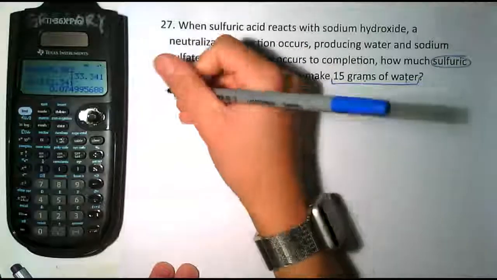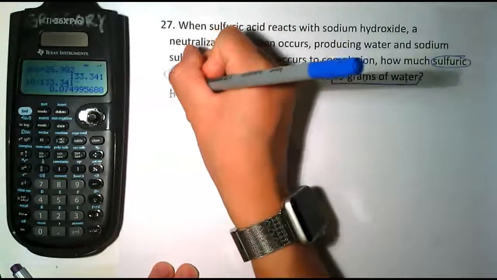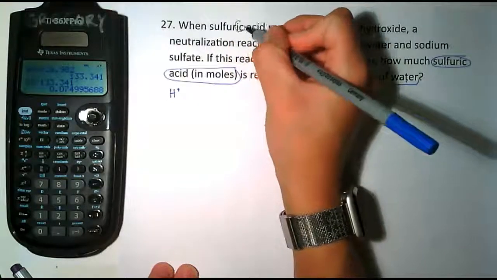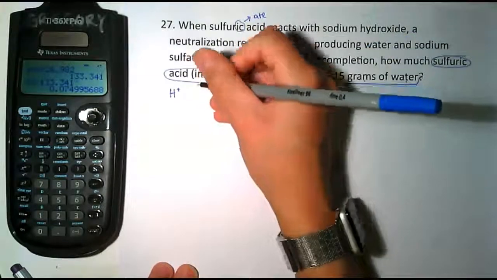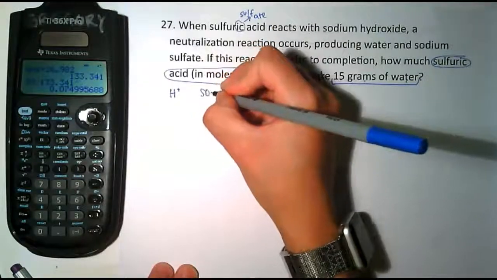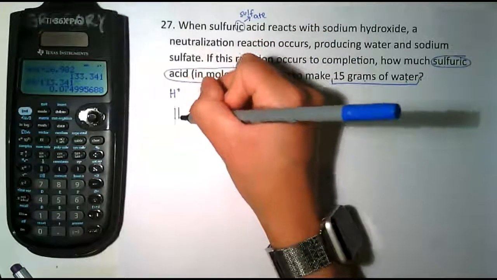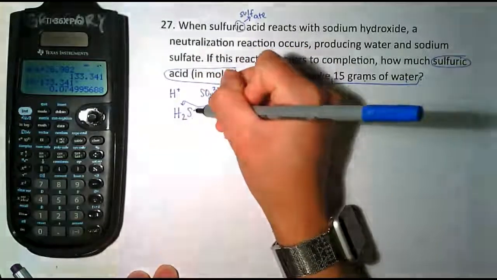So sulfuric acid, there's no hydro prefix, so we know that this must be hydrogen bonded to the polyatomic ion, and since it ends in ic, that means it came from the ate ion, so it must have been sulfate. Sulfate, which is SO4 with a 2- charge. So when we crisscross this, we get H2SO4.